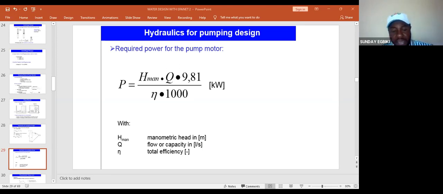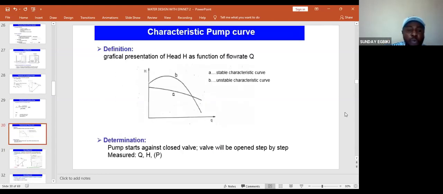Another thing we'll quickly discuss in pumps is what happens when, for example, you recommend to a client that the capacity of the pump needed to pump that water is 2 horsepower. But on getting to the market, a 2 horsepower pump is not available. Only a 1 horsepower pump is available.